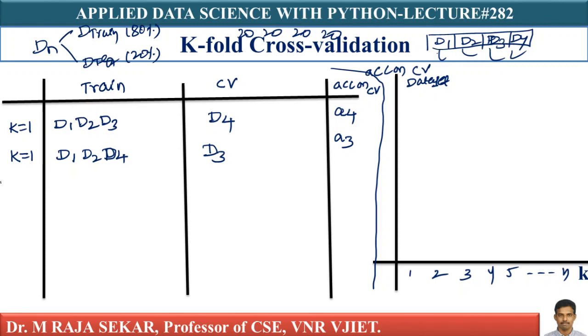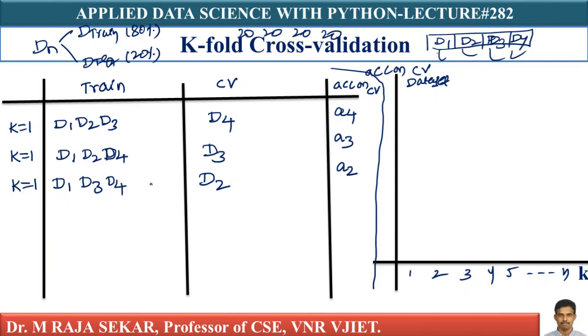Similarly, now for k equal to 1, let me take training data as D1, D3, D4. I will use D2 for cross validation. I am getting an accuracy, let me assume A2.